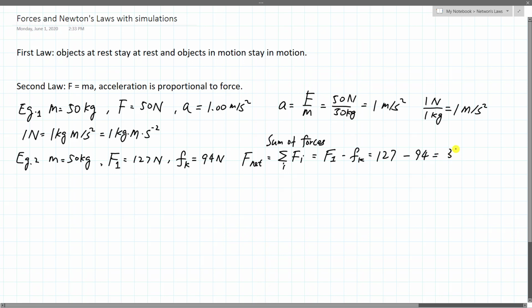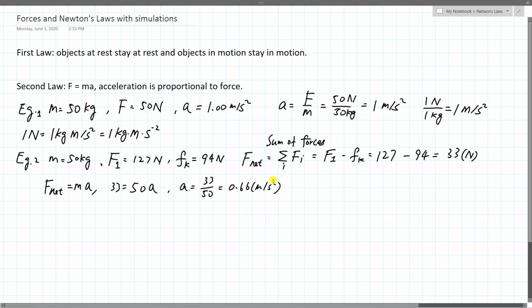Okay, 33 newtons, right? So I got 33 newtons, and according to Newton's second law, let's rewrite it as net force equals mass times acceleration. Now that we have more than one force, we'll have 33 equals 50 times acceleration. 50 is the mass in kilograms. So acceleration is 33 over 50, or 66 over 100, so 0.66 meters per second squared. So that's what we're experiencing in that simulator.